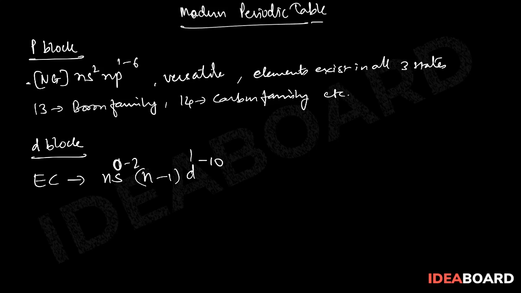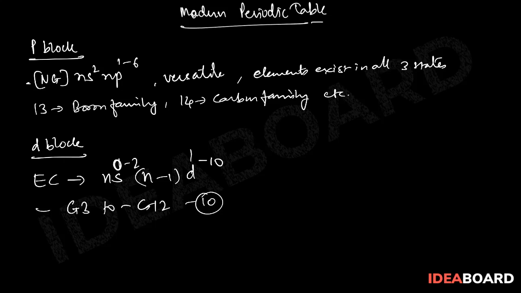That's why it is called d block, and the elements belonging here are d block elements. There are a total of 10 groups here, that is group 3 to group 12, and between S and P block is the D block.